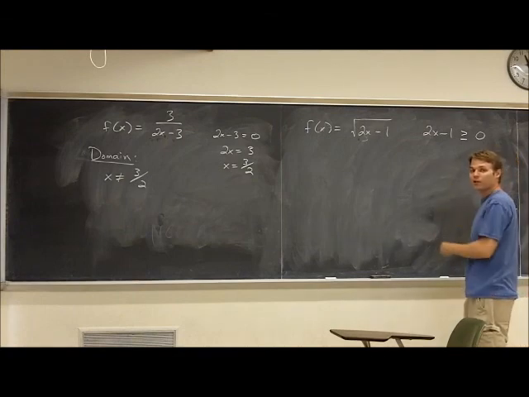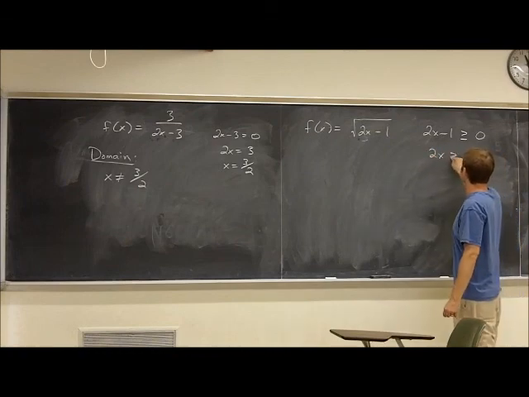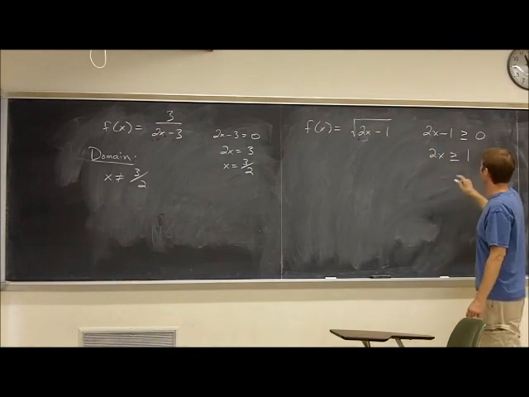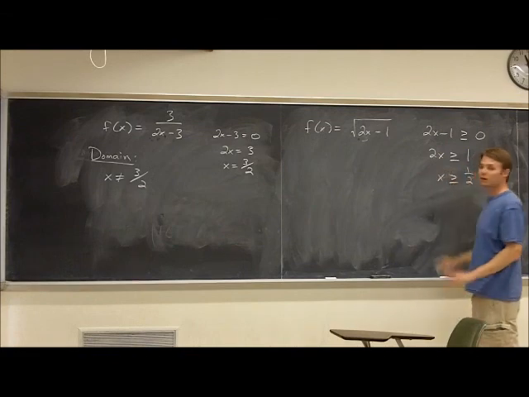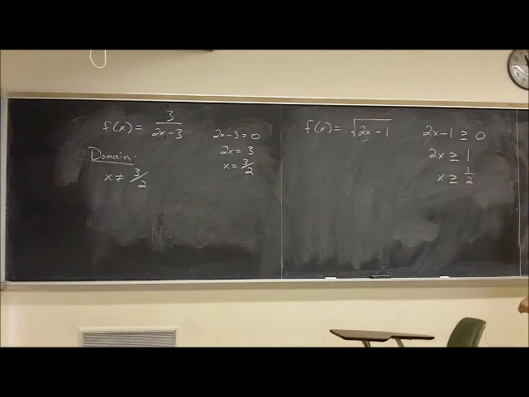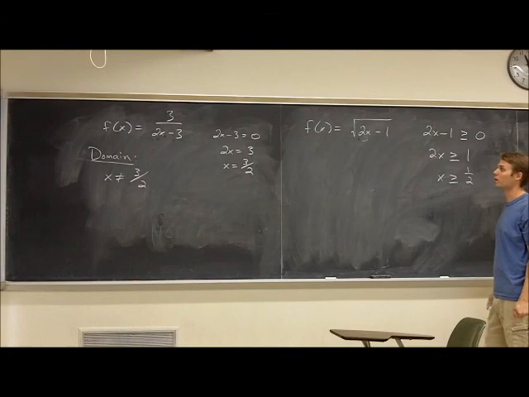So then I can solve for this and figure out which x values make this true. Okay, so I can add 1 to both sides, and then I can divide by 2. Dividing by positive 2, so I don't have to change my sign. And I'll get that the x values that work are all the x values that are at least 1/2 or greater.